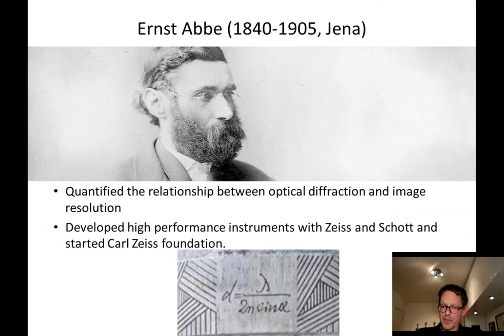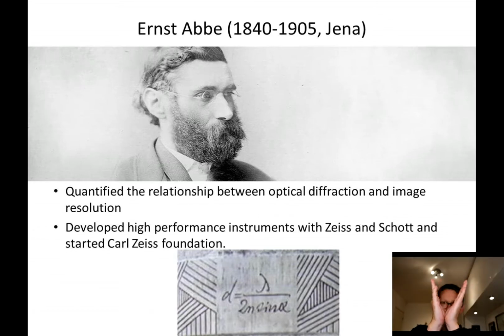And he derived a formula that the minimum distance that you can resolve two object points is given by the wavelength of light lambda divided by 2 times n sine alpha, where n is the refractive index, which you can take to be 1 for the moment, and sine alpha is the half angle of light entering the microscope objective.